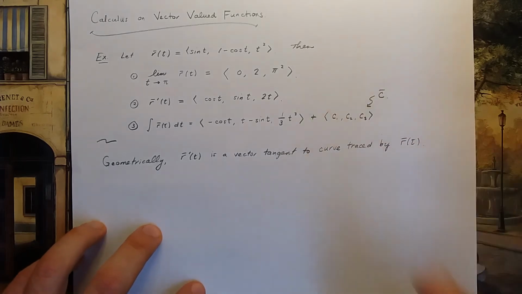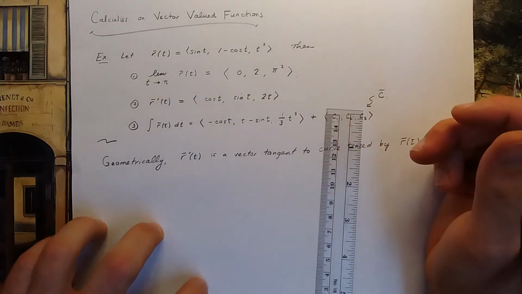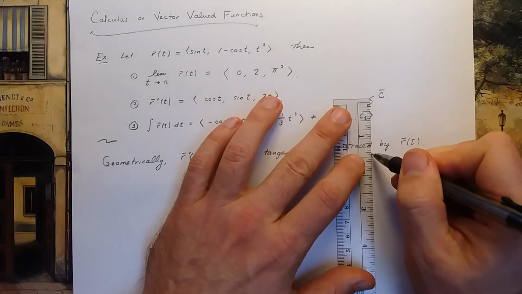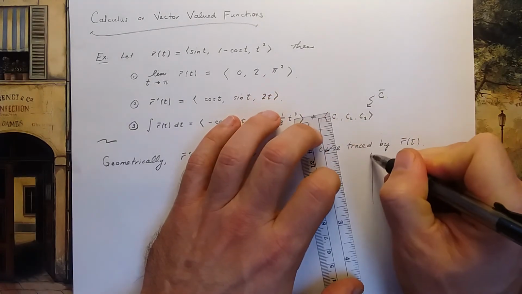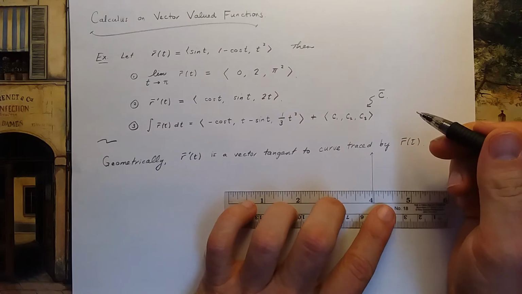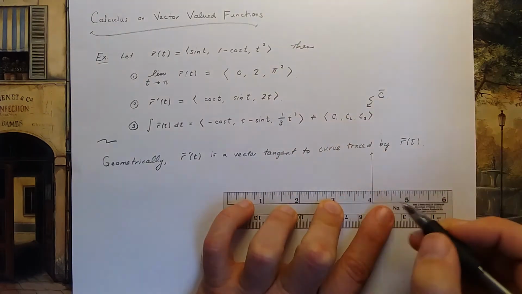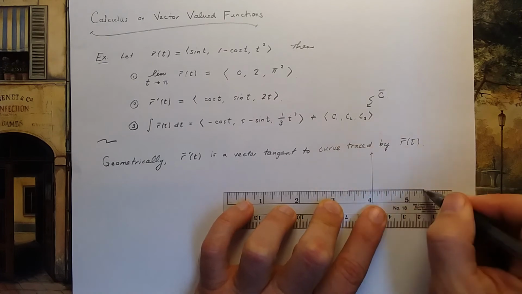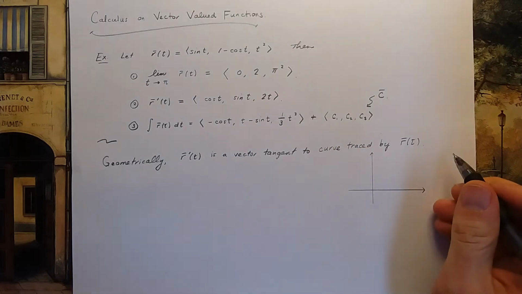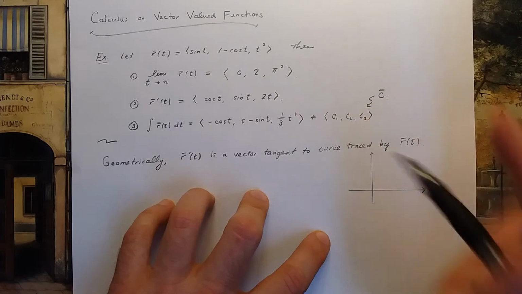Let me draw you a picture of what I mean by that and tell you why it works. I'm only going to draw my picture in R2. We've been doing vector-valued functions in R3, but if you omit the 3rd component, you get a vector-valued function in R2. That's easier for me to draw.